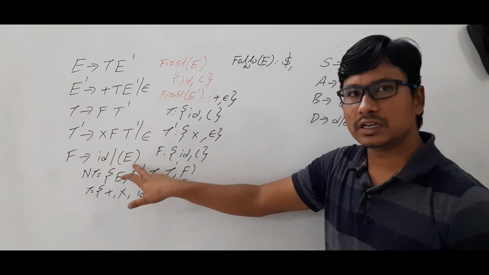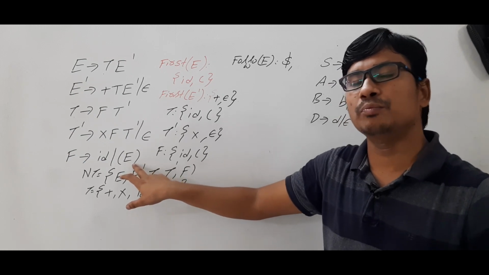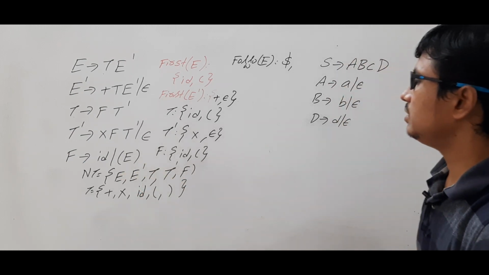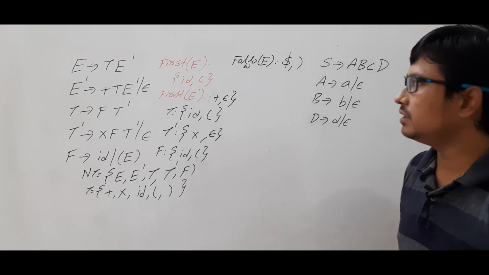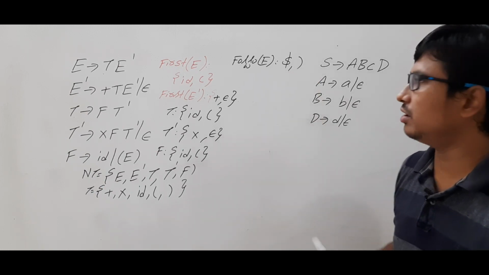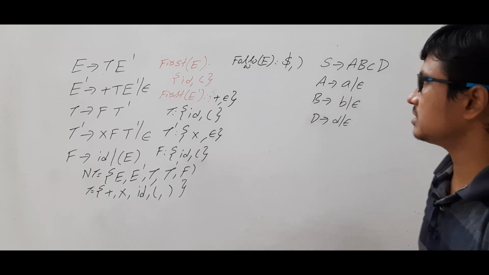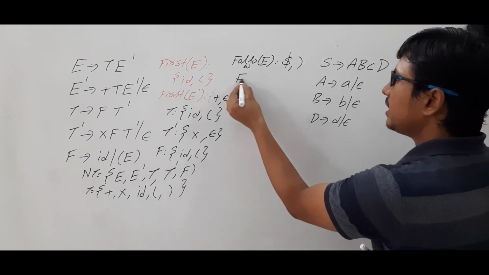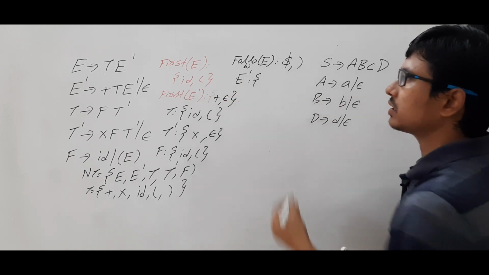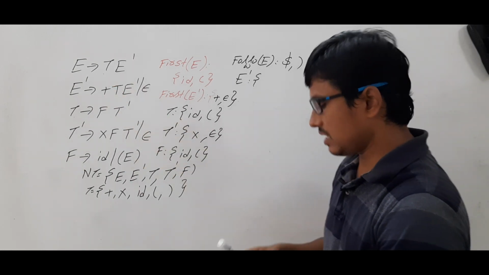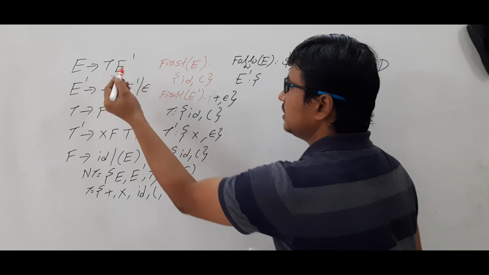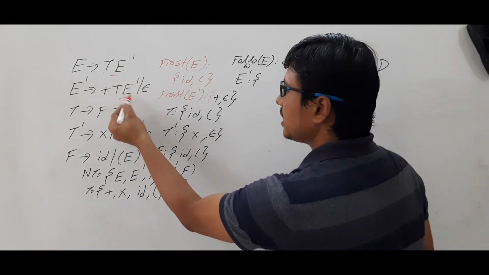After E, what is coming? For that you need to compute the first. First of a terminal, you will get the terminal only. So follow of E consists of dollar and close braces. Follow of E dash is equal to what? You need to look at where E dash is there. Here E dash is there, and here.